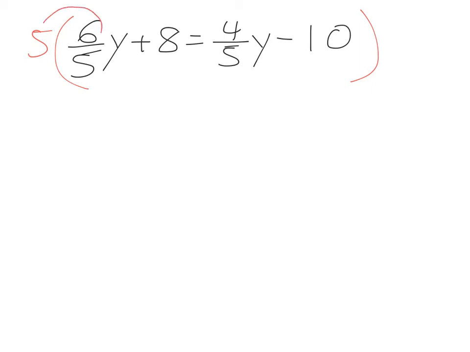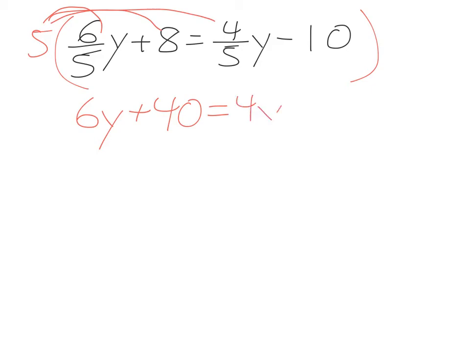All right, help me out here. 5 times 6/5 y is 6y. Plus 5 times 8 is 40. Equals 5 times 4/5 y is 4y. Minus 5 times negative 10 is negative 50.